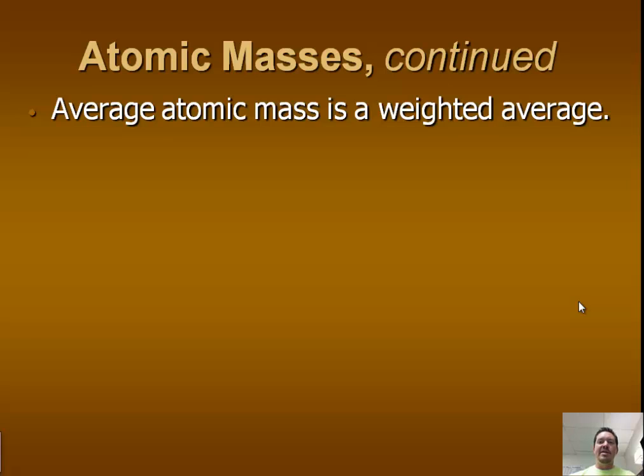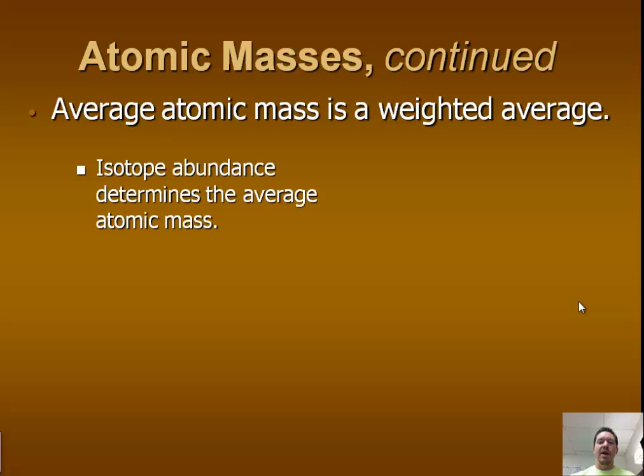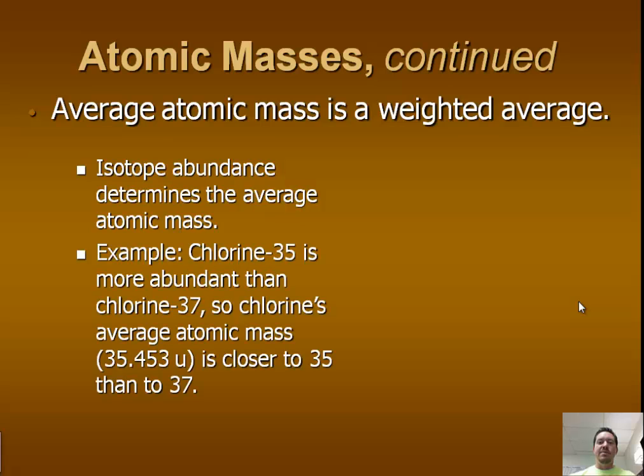Average atomic mass is a weighted average because we have a different number of isotopes that naturally occur in nature. We have an example. Chlorine-35 is more abundant than chlorine-37. So chlorine's average atomic mass ends up being 35.45, and we're going to change this to AMU, instead of having a U here.